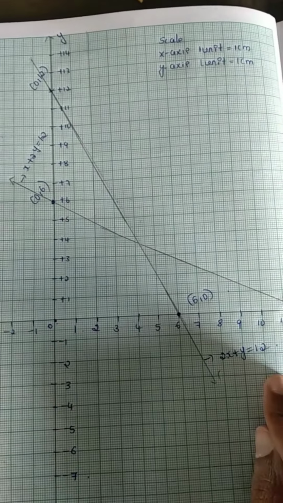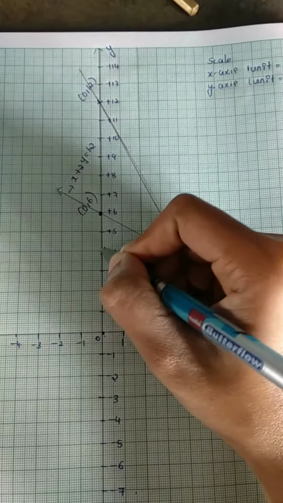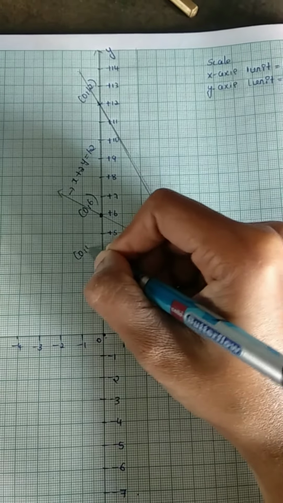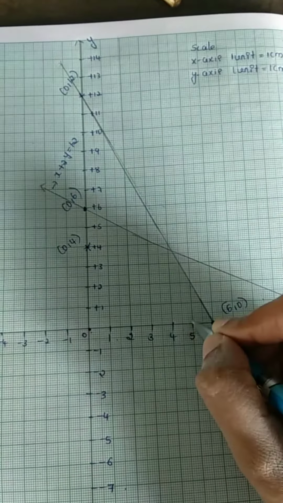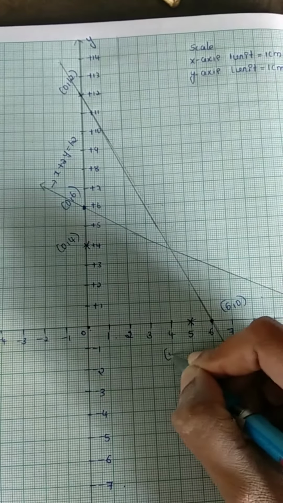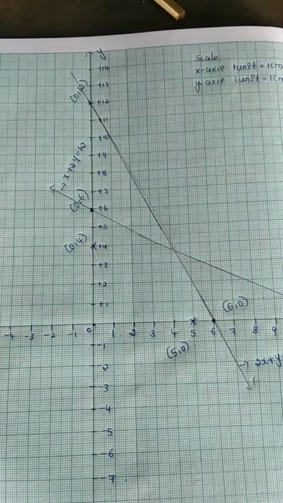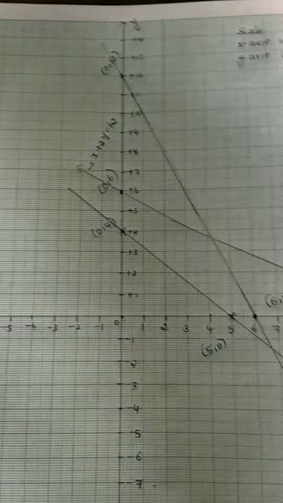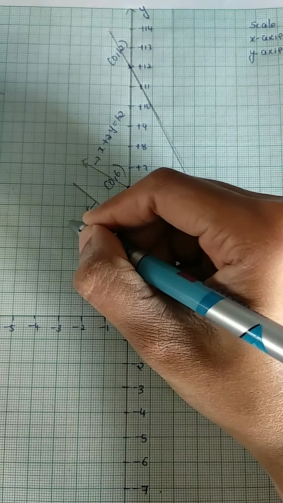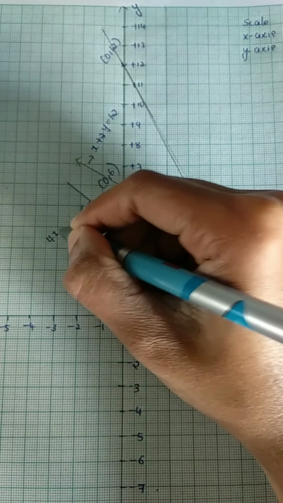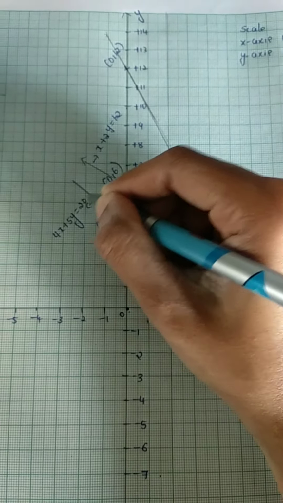Next, the third one, coordinate points 0, 4 and 5, 0. Now join the points and write the equation of the line, 4x plus 5y equal to 20.